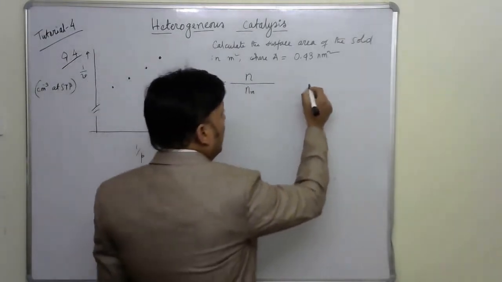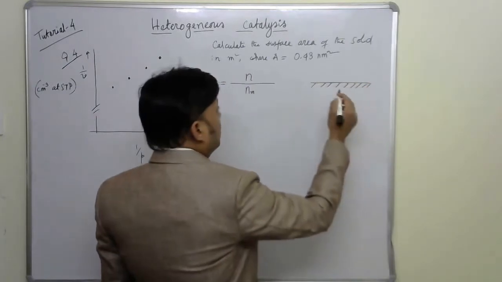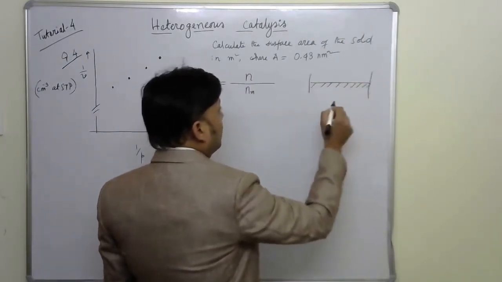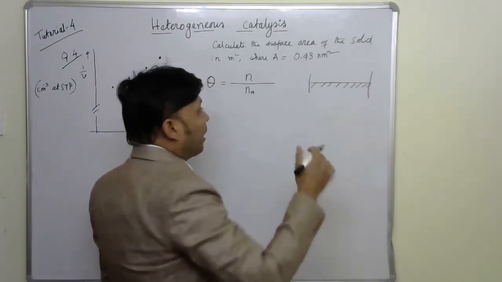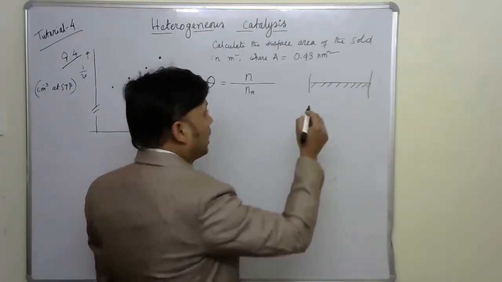Let me illustrate with a picture: suppose this is the total surface, and so how many vacant available sites are there? Nm stands for the total available vacant sites.